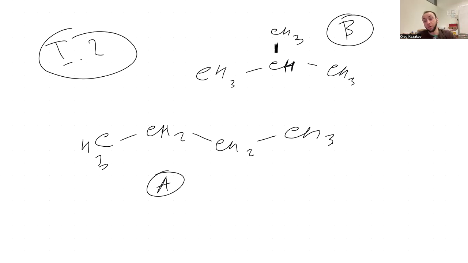Okay, so if you want, you can redraw structure B like this. So CH3, CH. If you want to be more explicit about your carbon-carbon bonds, you can exercise some flexibility, so that's okay.